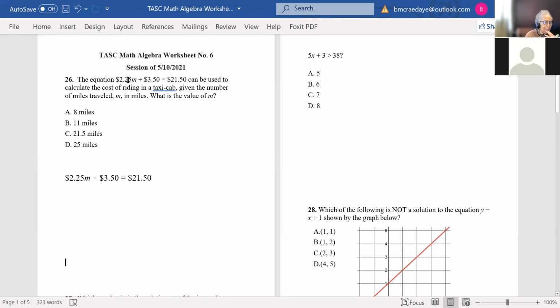But for this ride, when you multiplied the 2.25 by the number of miles and added the 3.50, which is a fixed cost, you got a cab fare of $21.50. We want to know, what is the value of m? How many miles did a person travel to get this amount? Solve this equation for m.